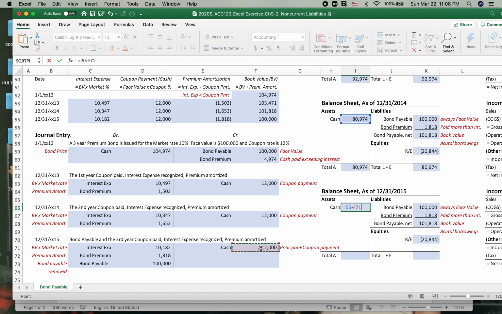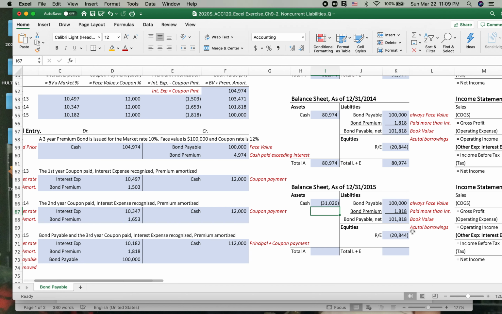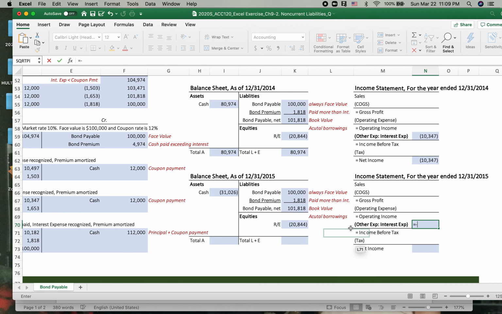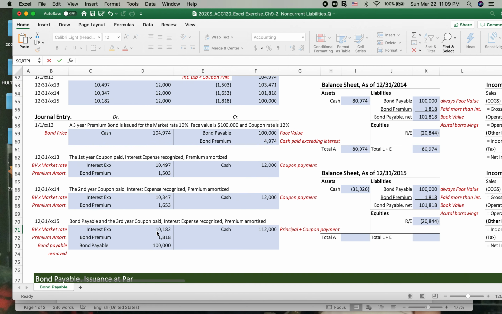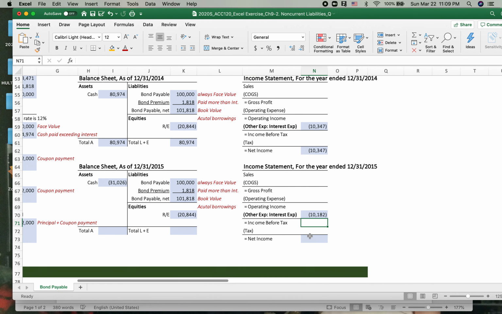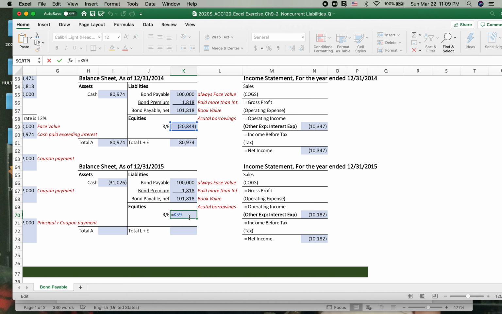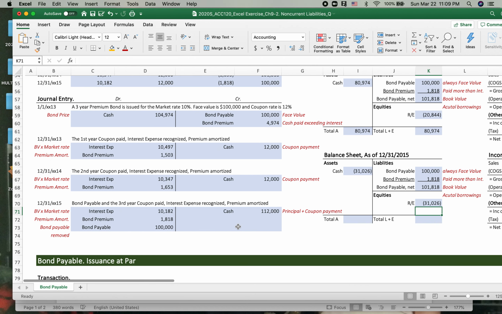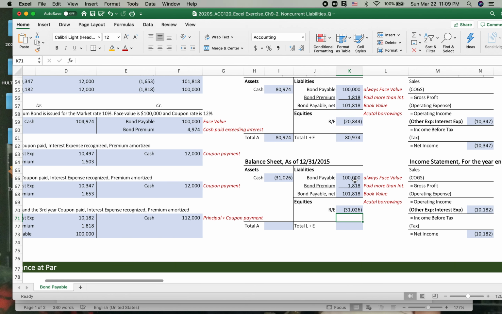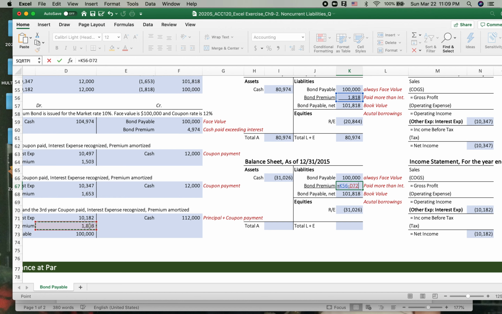The $112,000. Then the interest expense, the final year, 10,182 should be retained. And the retained earning we have been accumulating. And then the bond premium. Now the final year bond premium we have to amortize.